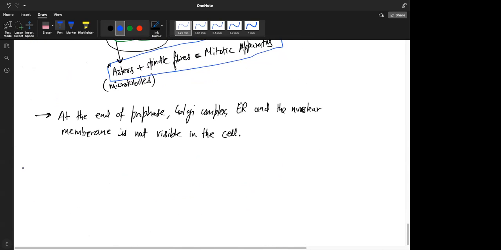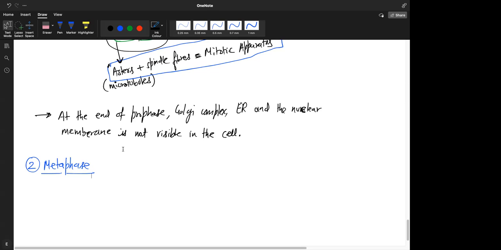Now let's go to the second phase, which is metaphase. By the time a cell enters metaphase, and let me tell you again, it's not like after every phase there is an alarm that goes off and we can distinguish.